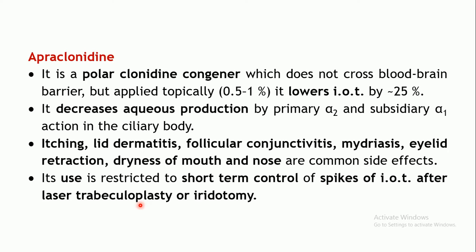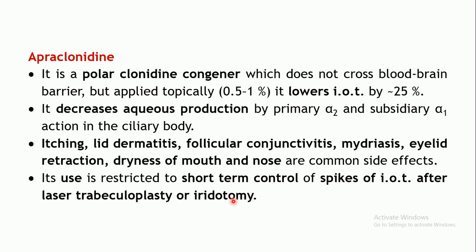So these are the two surgical procedures which are used to treat open angle glaucoma. Trabeculoplasty is the laser therapy, or laser surgery, which is done to facilitate the outflow of the aqueous humor. And laser iridotomy is the surgical procedure wherein part of the iris is removed, to decrease the aqueous humor production and to facilitate the outflow.